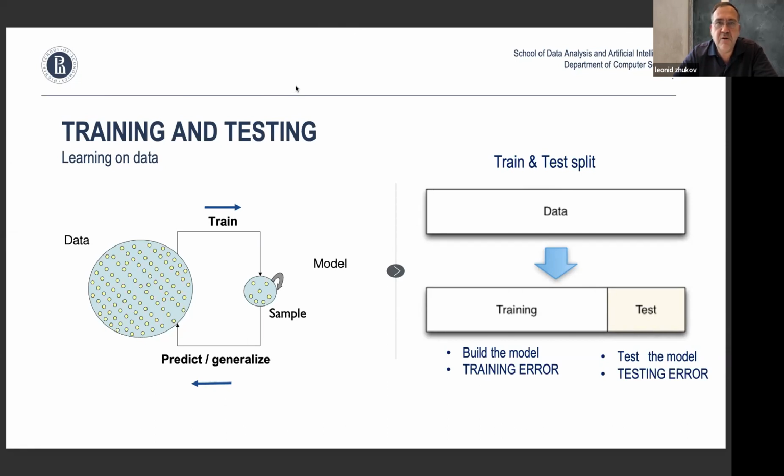Okay, so one thing that I also want to emphasize before we go into the modeling is this notion of learning on the data. One thing which is very critical and important to understand is that whatever model we build, we build it on a limited amount of data. We never have all the data that exists out there on any event.